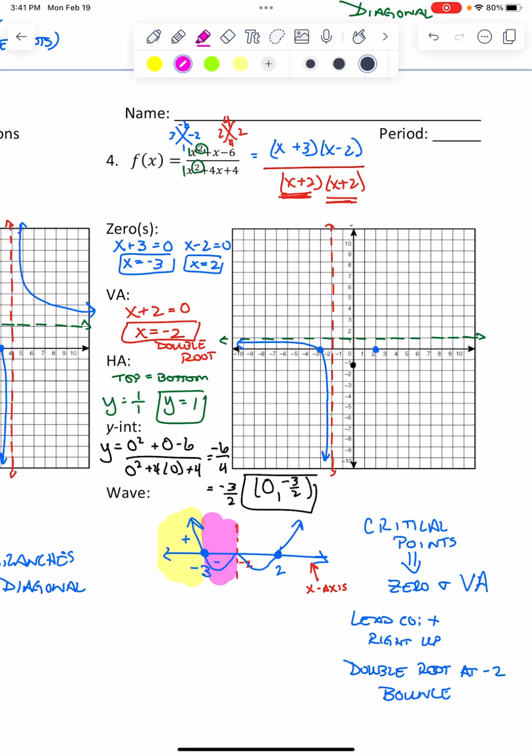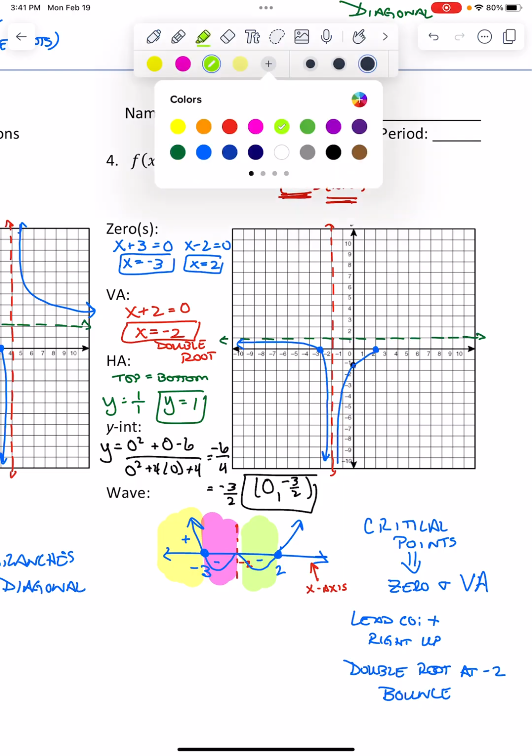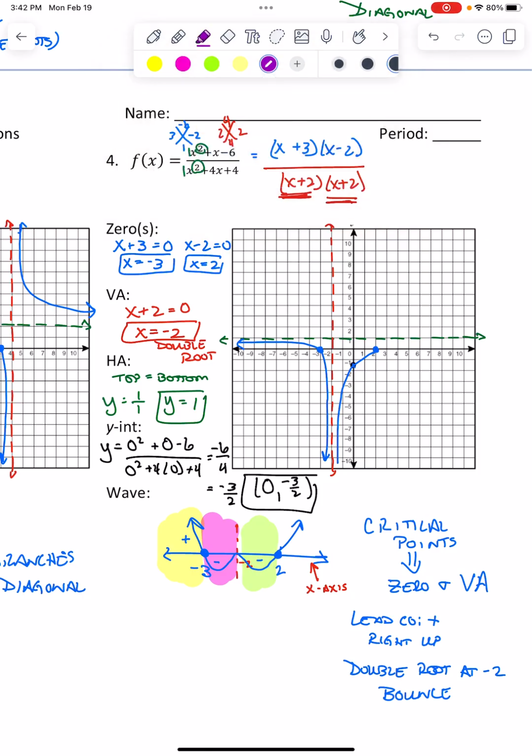And then between these two, between -2 and +2, we're negative, right? So between the vertical asymptote and this 0, we're negative, below the x-axis. And then once we get to the right of +2, we're back positive.